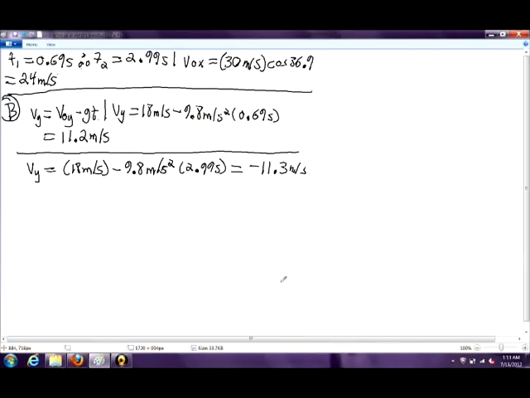Okay, so part C, we're trying to figure out the components of the velocity. Let's see, the magnitude and direction of the baseball's velocity. So we have to figure out the components of velocity, of the x and y velocity, so that we can find the general magnitude of the velocity at the time when the ball returns to the level at which it hit the bat.